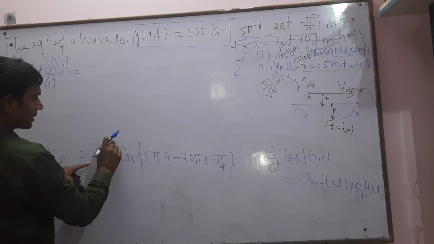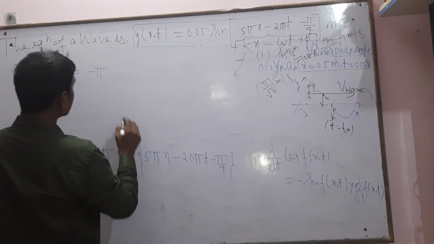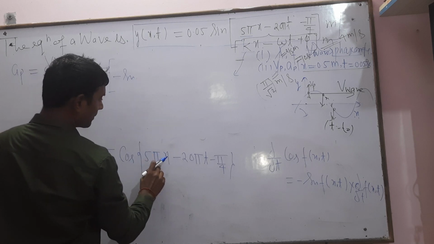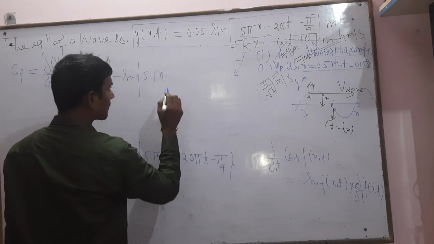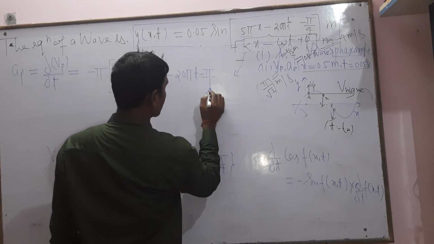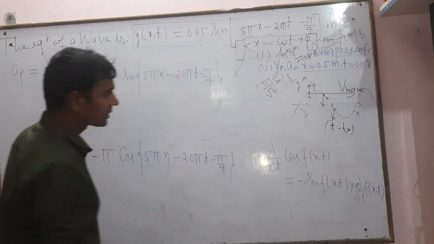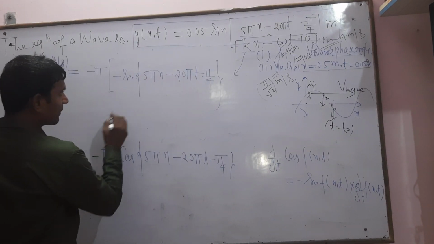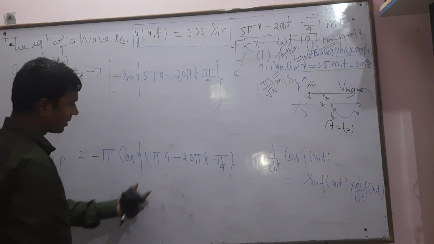So put here the differentiation of that number, minus pi into minus sin(5 pi x minus 20 pi t minus pi by 4). ∂/∂t of f(x,t) means we have to do partial differentiation of that number.